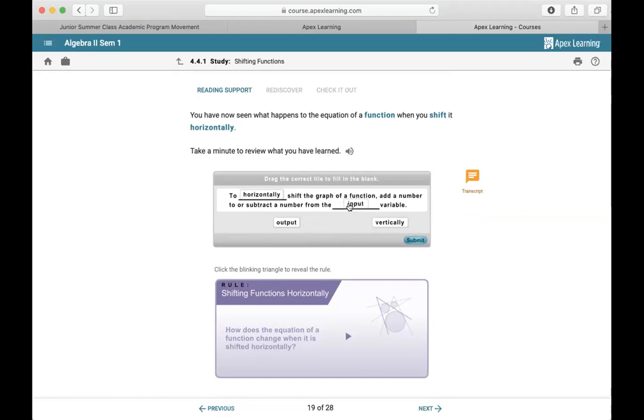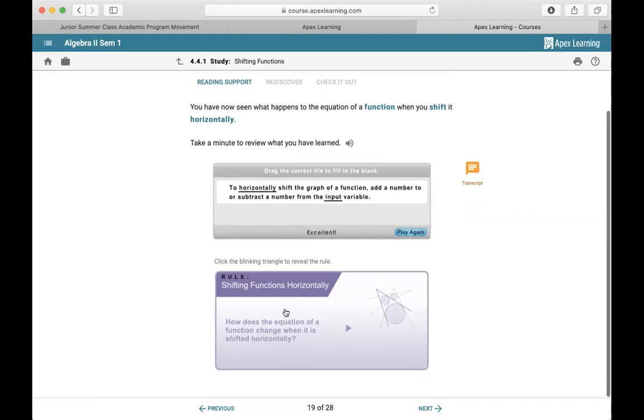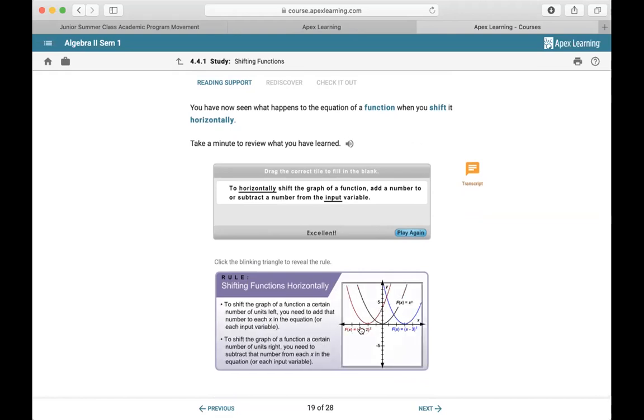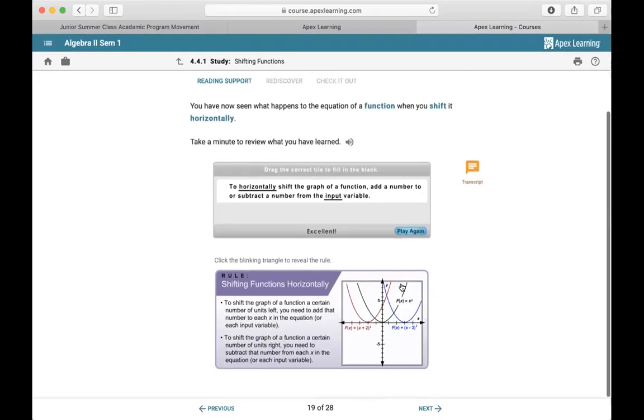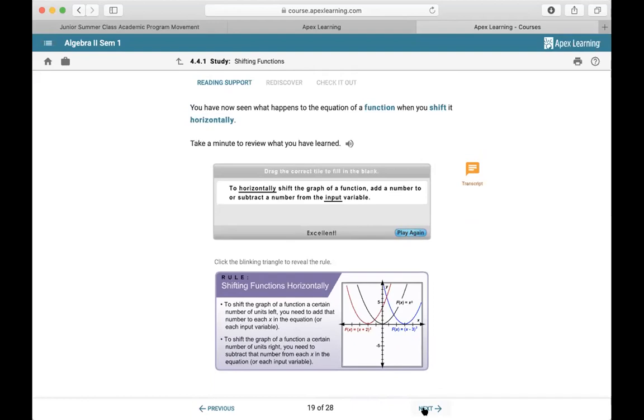Another way of saying that is we have to subtract or add a number from our x variable, knowing that you're going to then affect x directly and not just the outside of the graph. So if I'm moving 2 to the left, I'm going to go x plus 2. If I'm moving 3 to the right, I'm going to go x minus 3. And you can always check by plugging in a couple points to make sure that your function is correct.